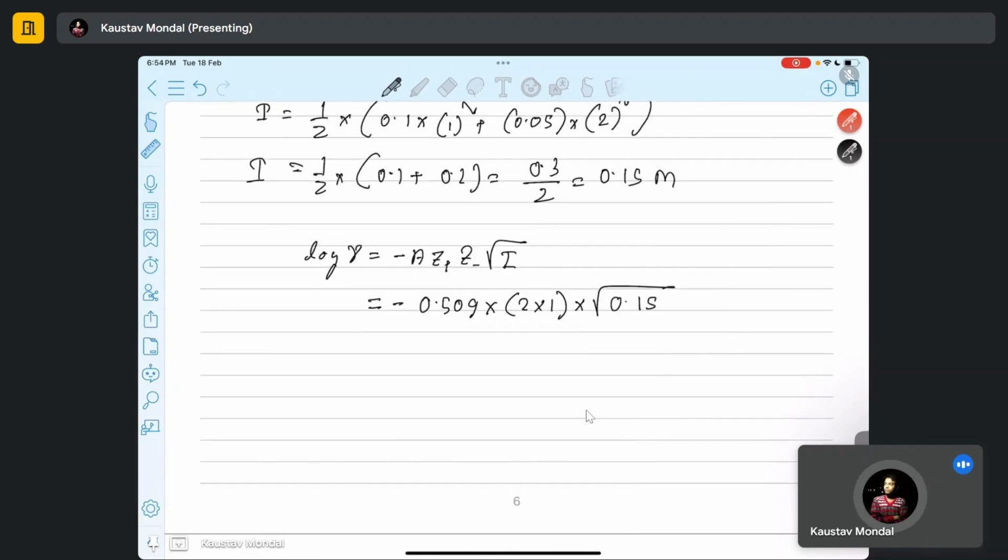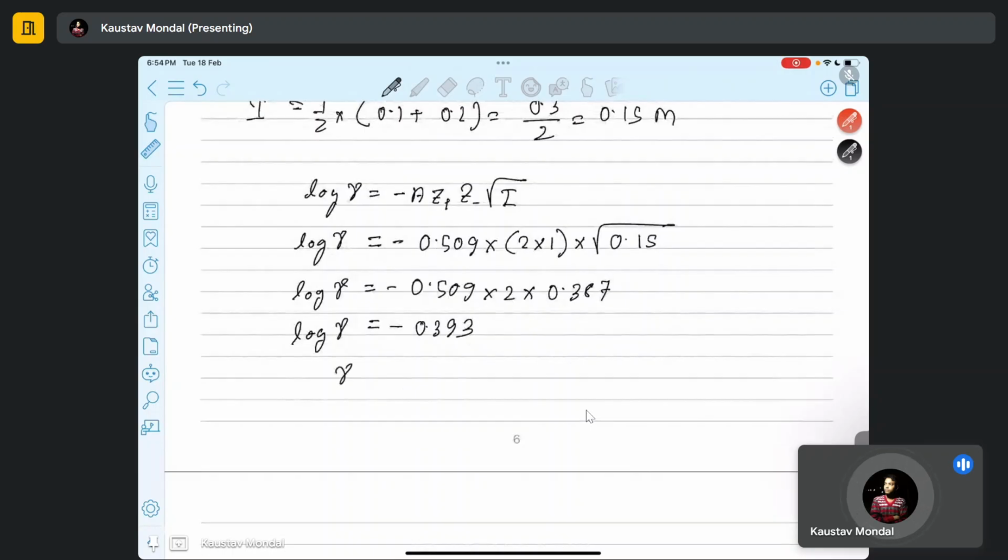Now if you calculate this, log of gamma basically gives you 0.509 into 2 into the root, which gives you 0.387, and at the end you'll be getting 0.393 as log of gamma.